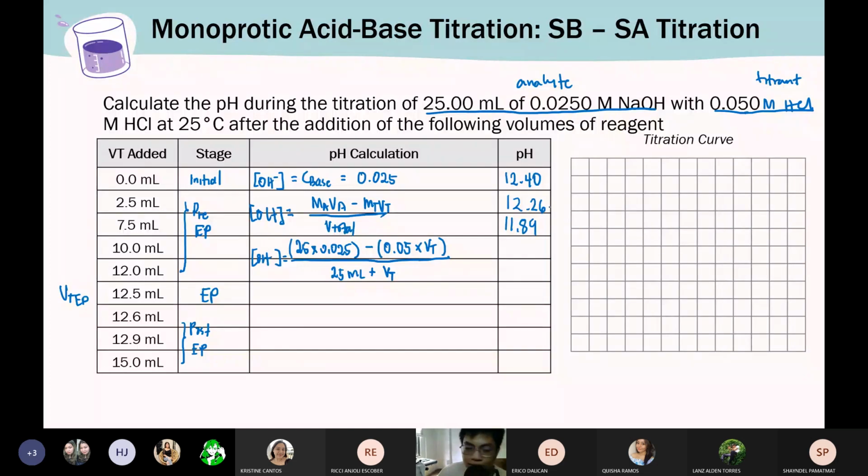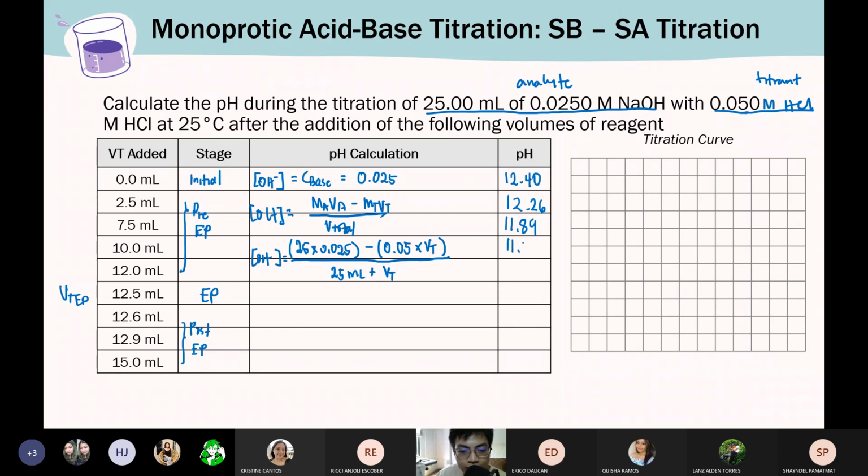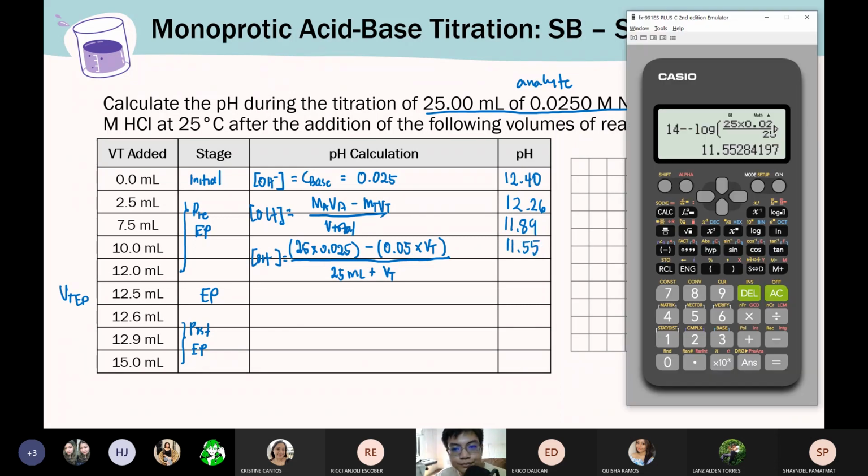Still the same answer with others? And good. Sige. And then we have 10 ml. So it's 11.52. Same then. 11.55 pala. So 11.55. It's 10.83.